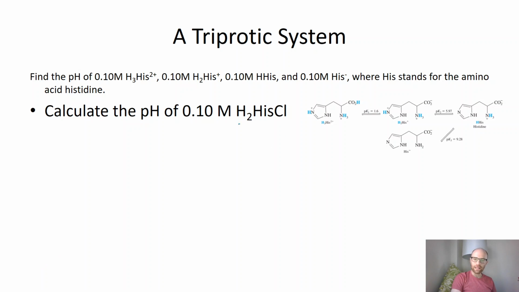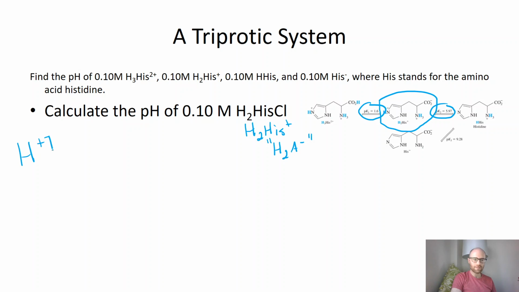Looking at the second form, the first intermediate, this would be H2His+ in water, which would be like saying H2A minus. Here the neutral species is the second intermediate, but that doesn't really impact our math very much. When you're looking at this substance, we're going to look at the K's that surround it to come up with our expression for H+.